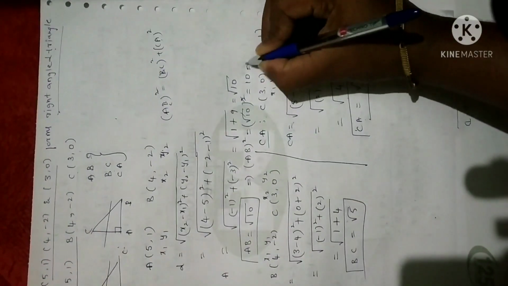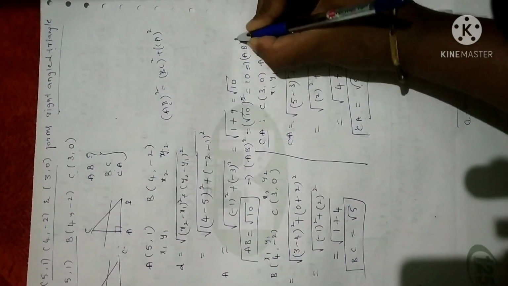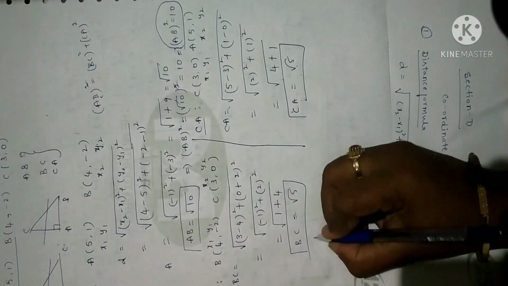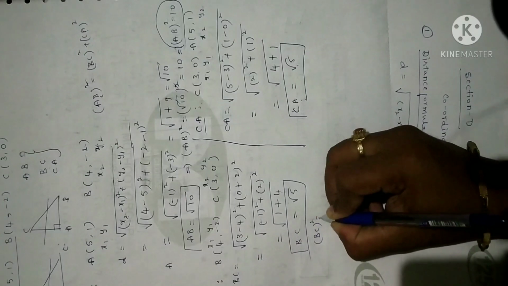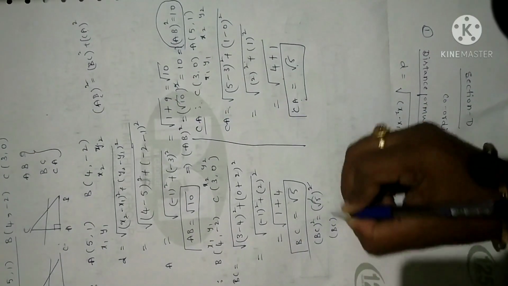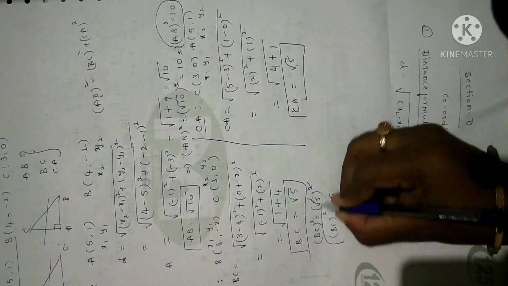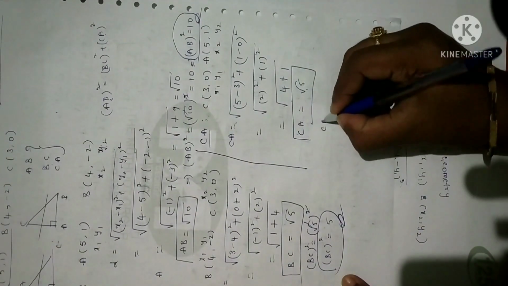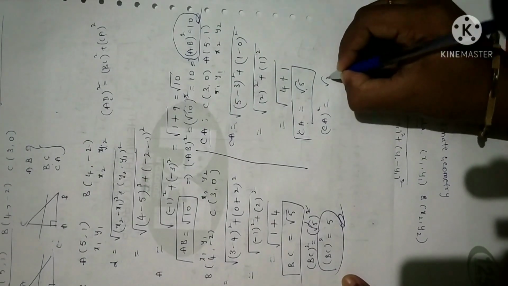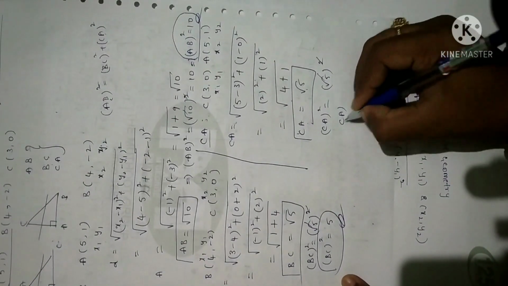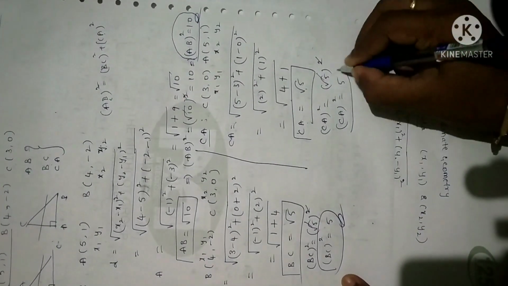That is, I can write AB whole square is equal to 10. Now BC whole square is square root of 5 whole square. Square and square root get cancelled. You will get BC square is 5. Similarly, CA whole square is equal to square root of 5 whole square. Square and square root get cancelled. CA whole square is 5.